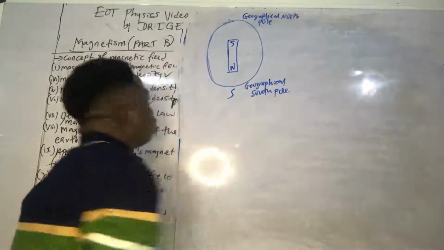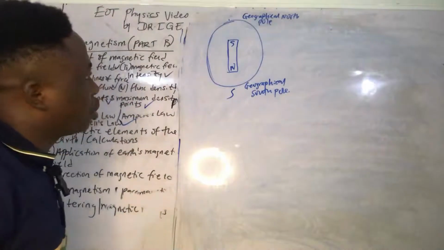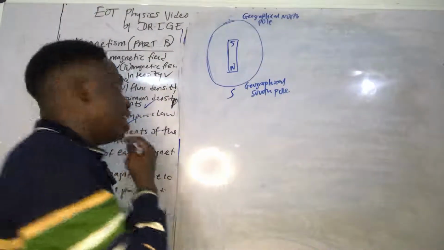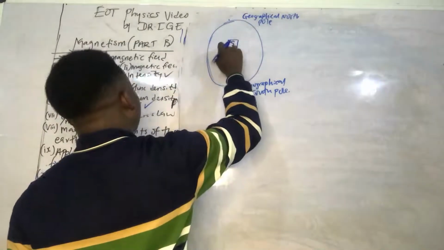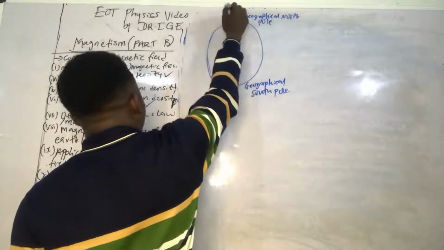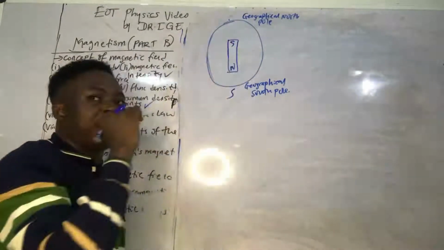Right? So science has it that there's an imaginary bar magnet situated at the center of the Earth. Since there is an imaginary bar magnet, you know that a magnet will always stay.